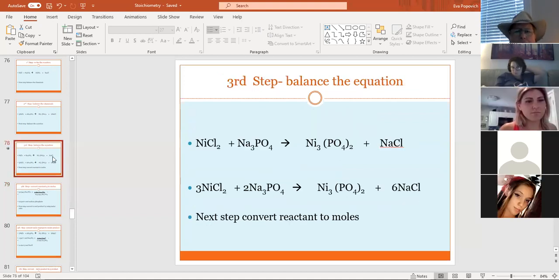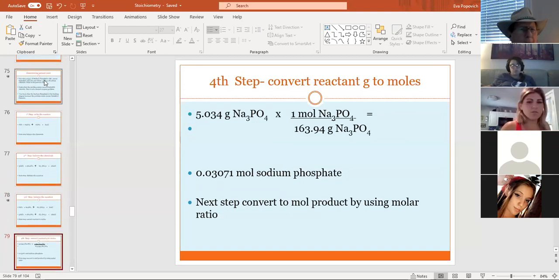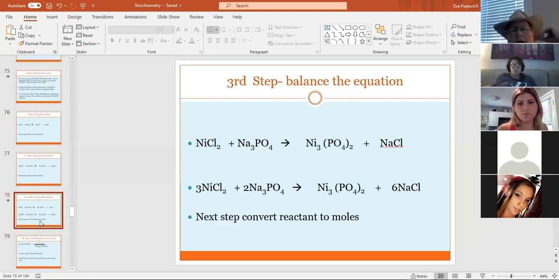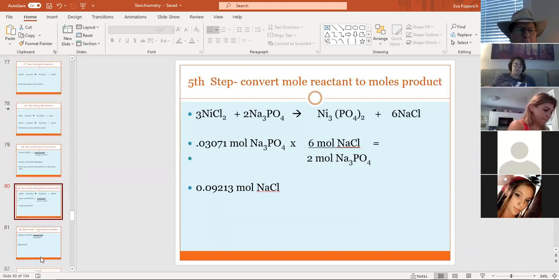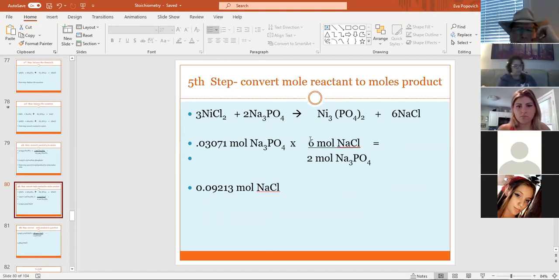What is the molar ratio between my sodium phosphate and sodium chloride, which is what I want? 6 to 2. So I multiply my moles of sodium phosphate by 6 moles of sodium chloride over 2 moles of sodium phosphate.